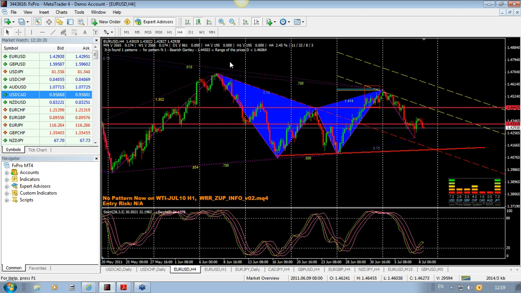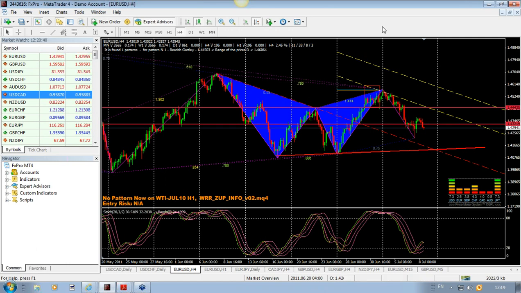We can lose 5, 6, 7, 10 trades in a row, but we also can have 5, 6, 7, 10, even more winners in a row. The only important thing is that every risk we take is much lower than the possible profit.